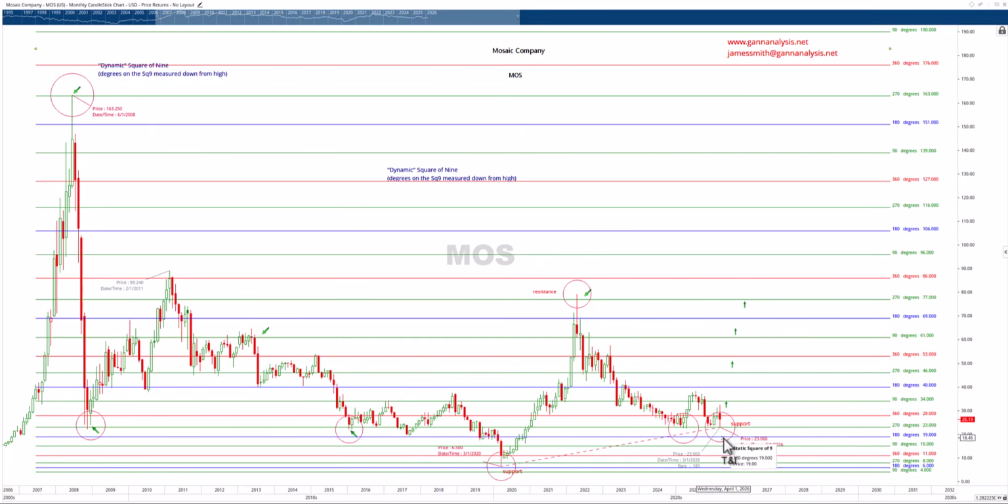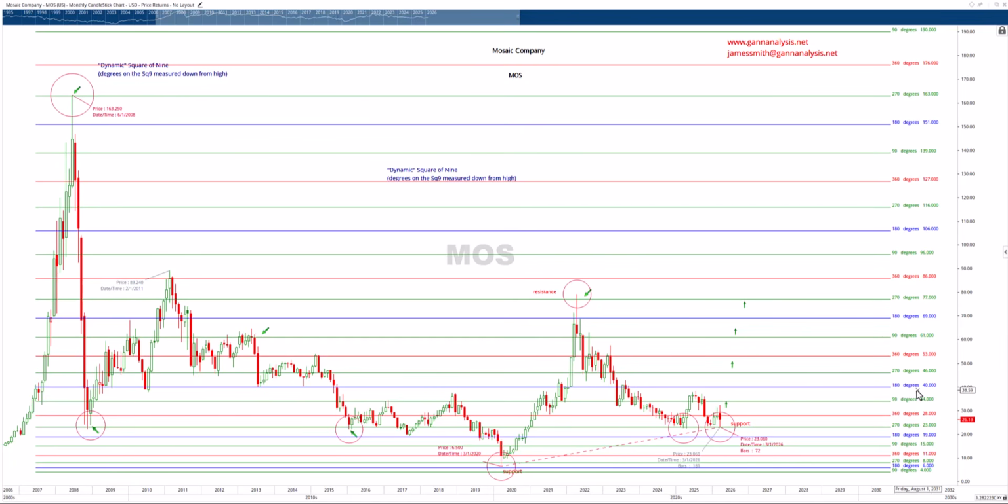So you risk a buck with the idea that you're looking for a move to maybe 86 or 127. Or, if you count in square of 9 degrees, if it bounced off a 270 degree line, think about it logically. The next 270 degree line at 46 would be 360 degrees up from that low. So that would be a natural target. 360 is a cycle of completion.